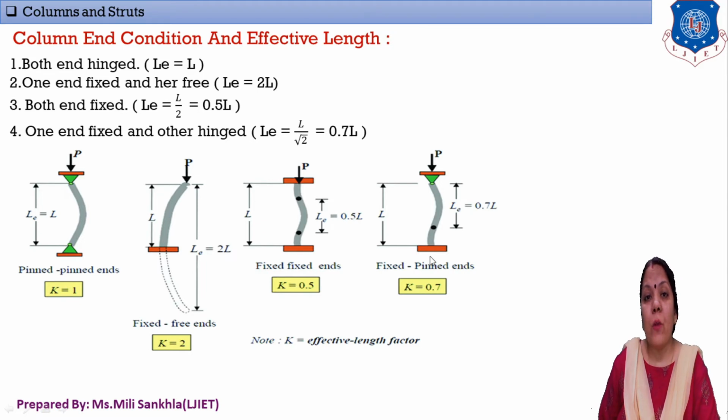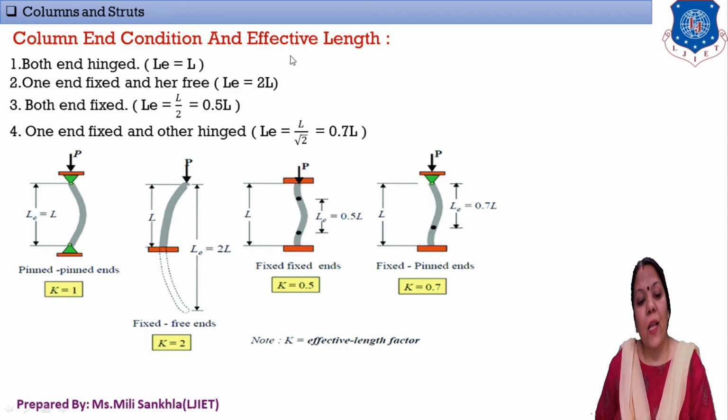One end of the column is fixed and the other end is hinged. In that condition, LE is equal to L by root 2, where L is our actual length, and that is 0.7 L. This is the different end conditions with respect to effective length. Okay, now next.